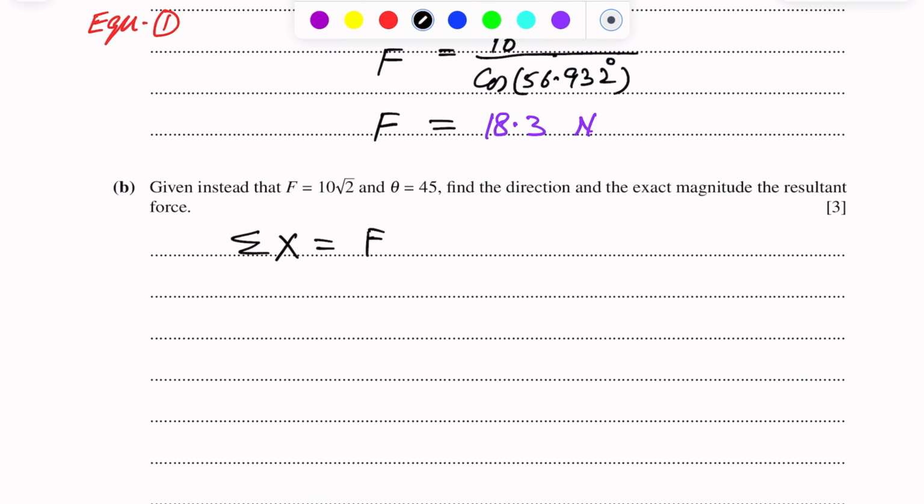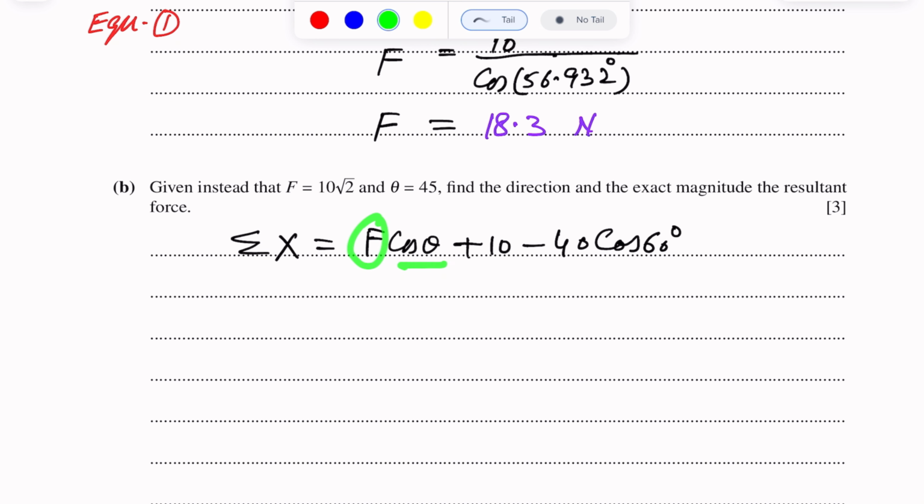Already we have found f cos theta plus 10 minus 40 cos 60 degrees. Now we put the values of f and theta, that is 45.